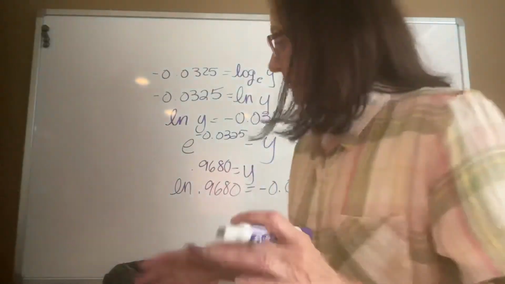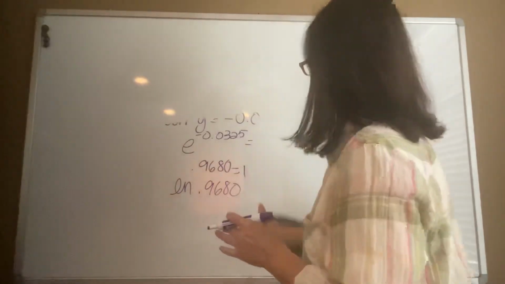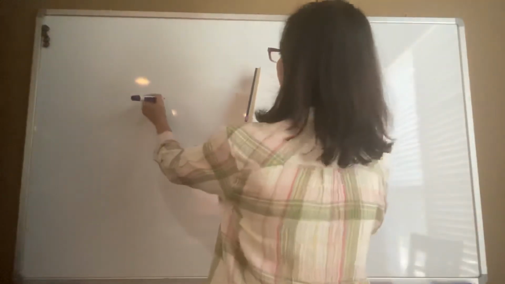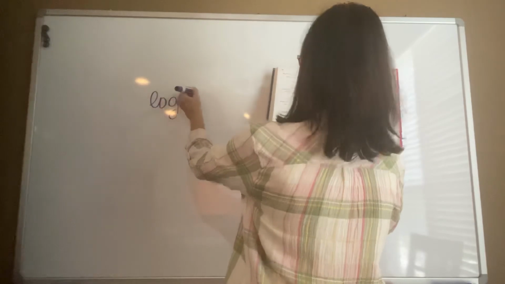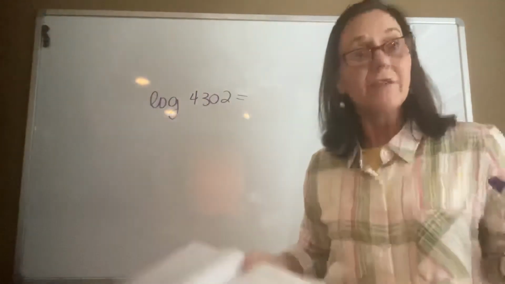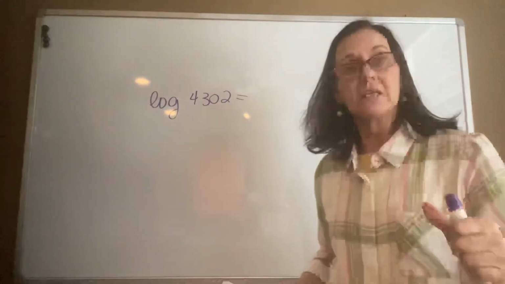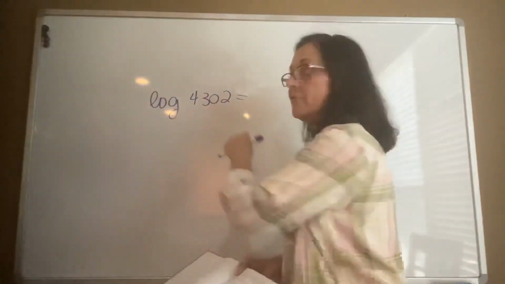Okay? Now look at 113.5. Last example. All right? So they give us the value of y, and they want to know what the log of y is. So y is 4302. What does that equal? Okay, what are we solving for in logs? We're solving for the exponent. What is that going to say? 10 to the exponent is going to equal 4302.